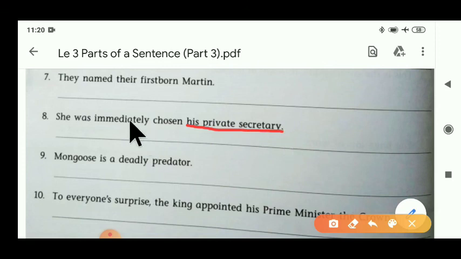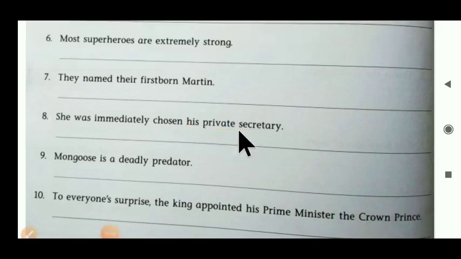It is used to describe the subject, she. So his private secretary becomes the subject complement here. You have to write his private secretary, dash, subject complement.